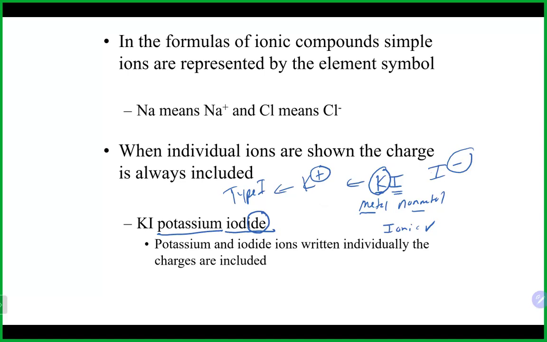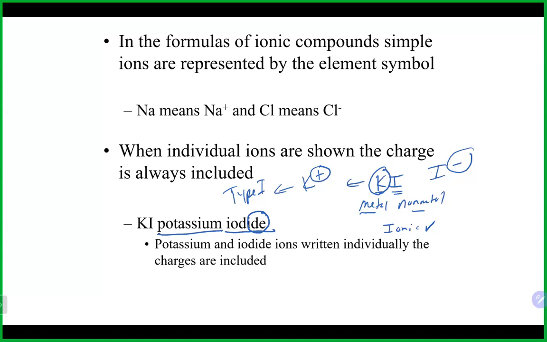Same thing is happening with each of those elements. If you look at the periodic table where potassium is sitting, potassium loses 1 electron, which means it backs up on the periodic table to argon, which has 18 electrons, the noble gas that comes before it. If you look at iodine, it gains that electron and goes forward on the periodic table to xenon, which is a noble gas.